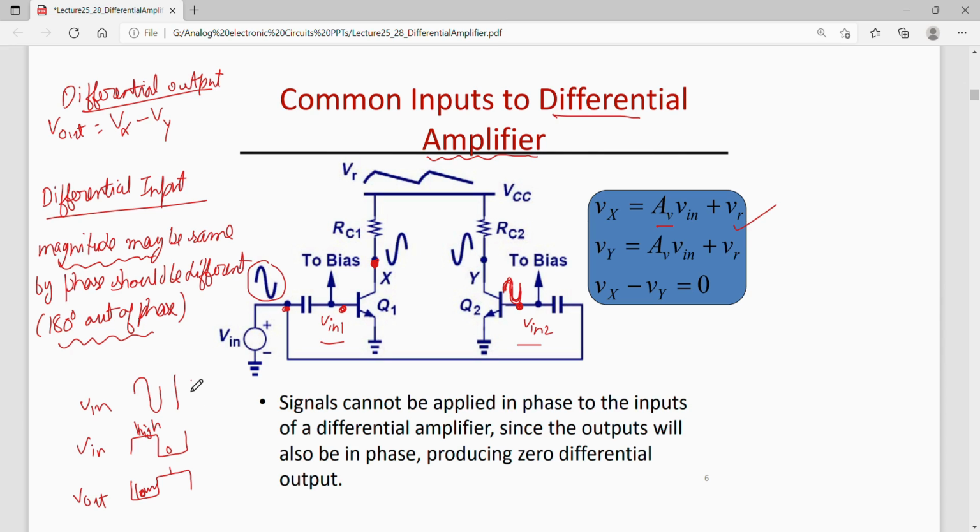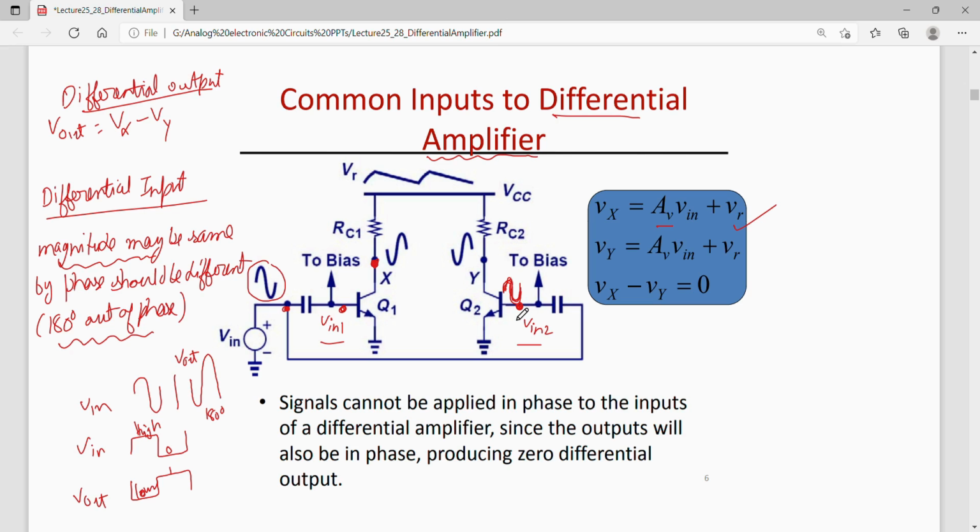So Vout would be larger in magnitude depending upon gain Av and will be 180 degrees out of phase with the input. So I get an output of this kind here.